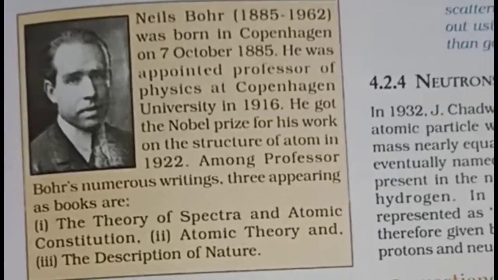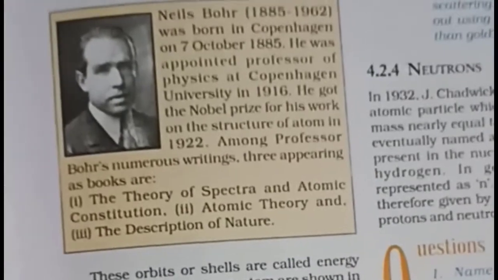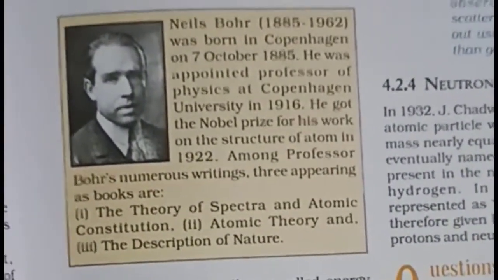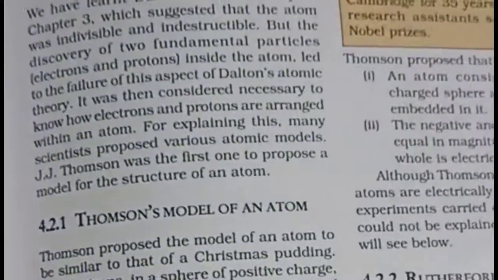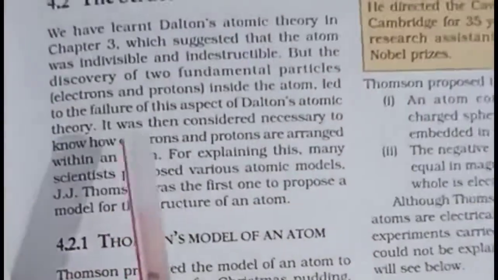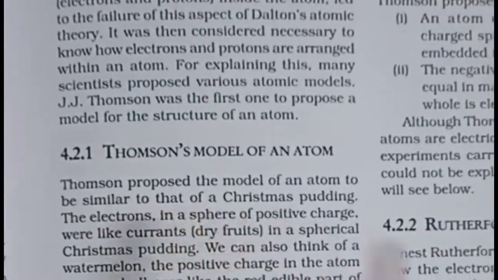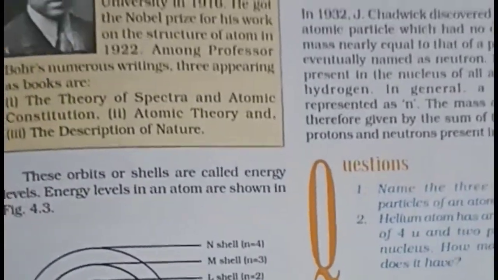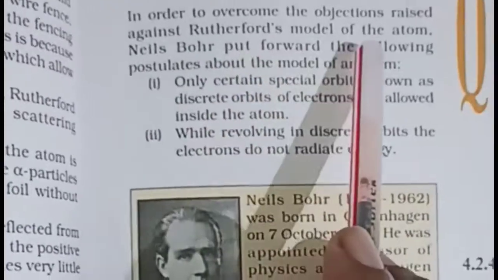Hello, good morning everyone. We have seen class 9 science chapter number 4, structure of the atom, part 1 and part 2. In part 2 video I had explained about the structure of the atom, Thomson's model of the atom, Rutherford's model of the atom, drawbacks of Rutherford's model of atom, and Bohr's model of atom.